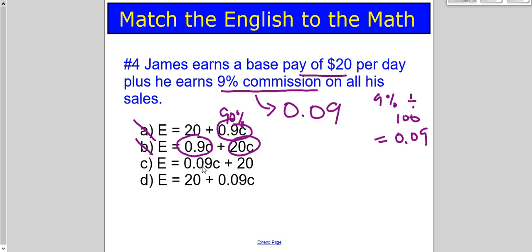Earnings is 0.09C plus 20. Earnings is 20 plus 0.09C. If you picked either C or D, these are both correct. Whether you want to write it as 0.09C commission plus the $20 per day, or the $20 per day plus 0.09C in commission, either one is the exact same thing. So that one had two answers, C and D are both correct.